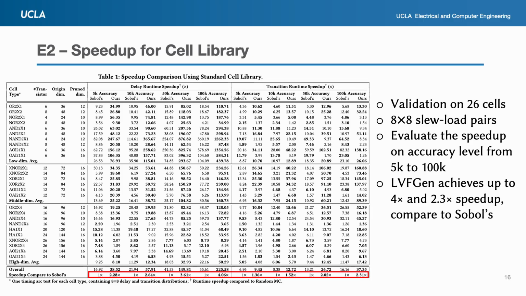Then we evaluate the speed up rate at different accuracy levels from 5,000 to 10,000 random Monte Carlo, and we can find that the LVF gene achieves up to 4 times and 2.3 times speed up compared to the Sobol's algorithm in the delay and the transition.